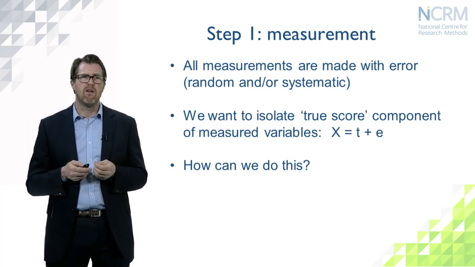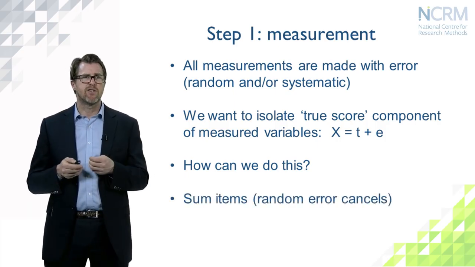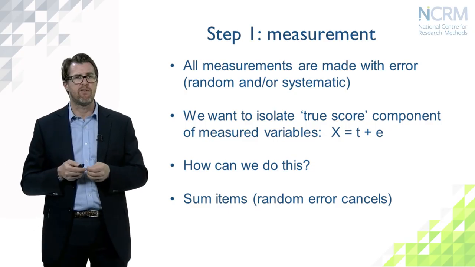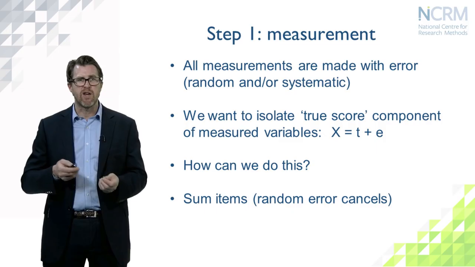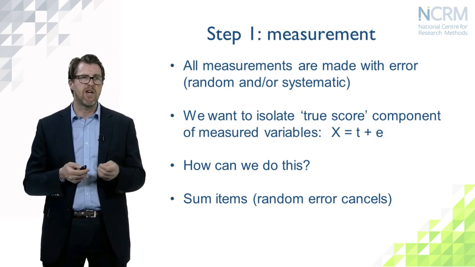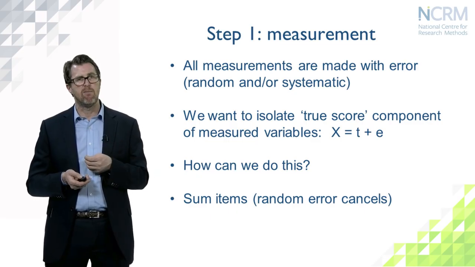Now, one quite straightforward and useful way of doing this is simply to add the scores across a number of different X variables. If we have, say, 4 variables which are all measuring the same underlying concept, then we could just add those up and take a summed score.